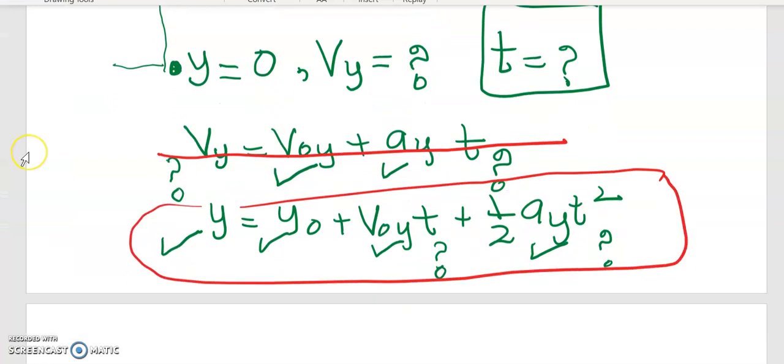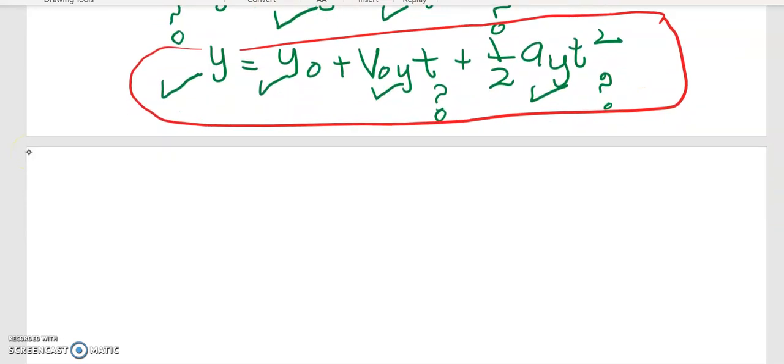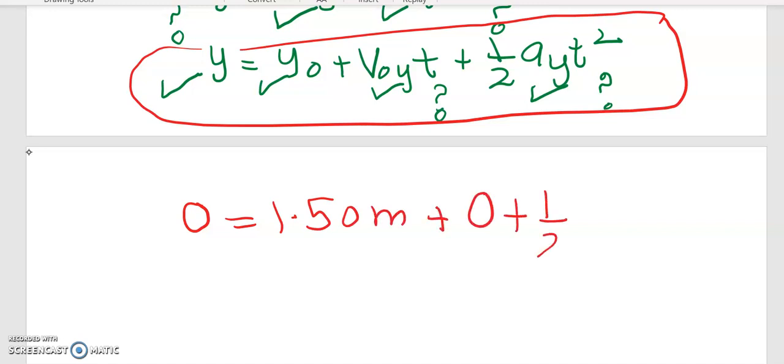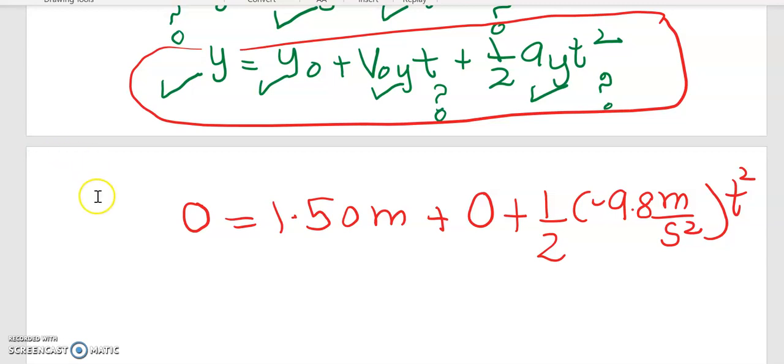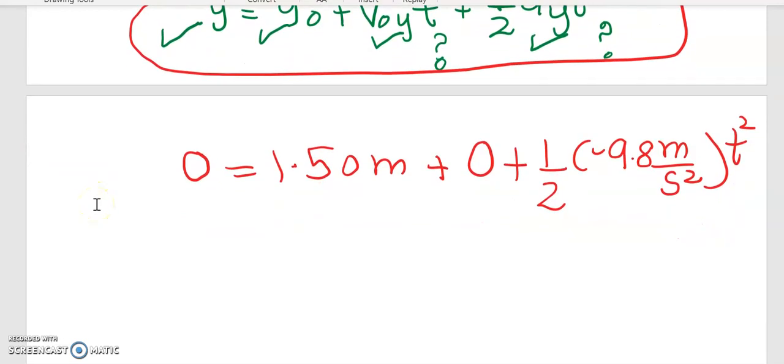Okay. So let's do the substitution. Final y position is 0. Initial is 1.50 meters plus initial velocity 0 plus half times negative 9.8 meters per second squared times t squared. Now if I solve for time, I need to make sure I separate it.